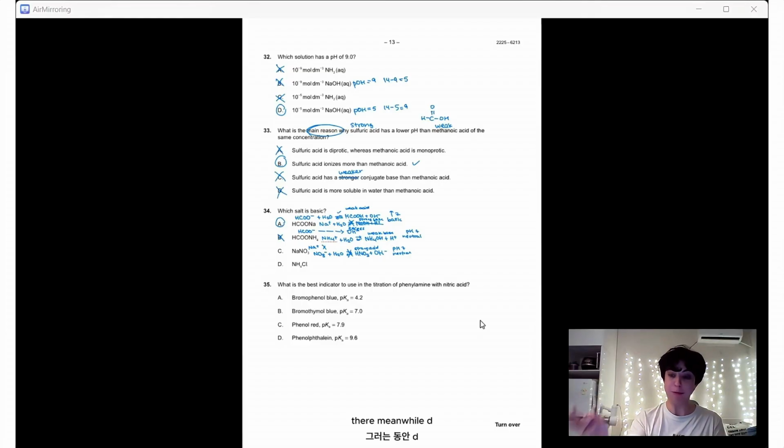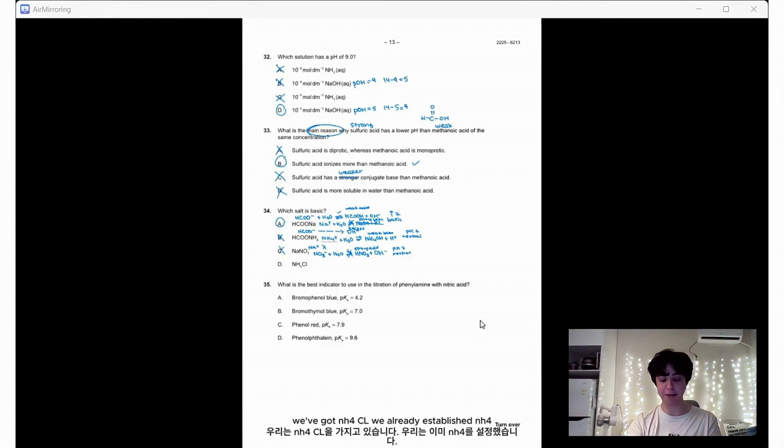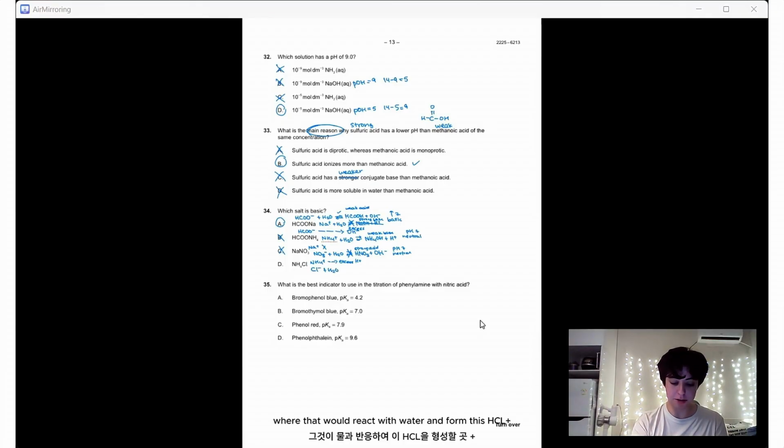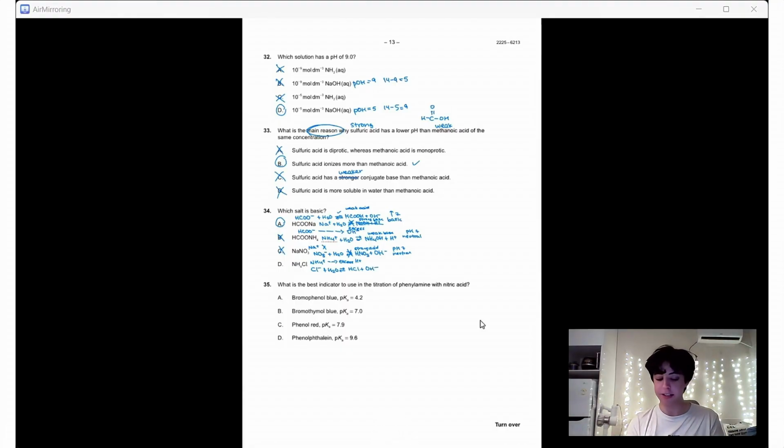Meanwhile, D, we've got NH4Cl. We already established NH4 plus would result in this excess H plus. Cl minus is similar to Na, where that would react with water and form HCl plus OH minus.